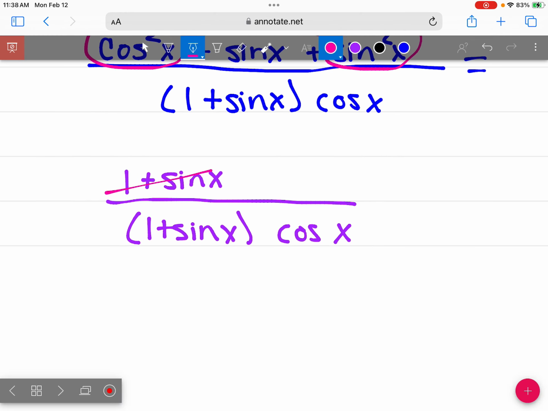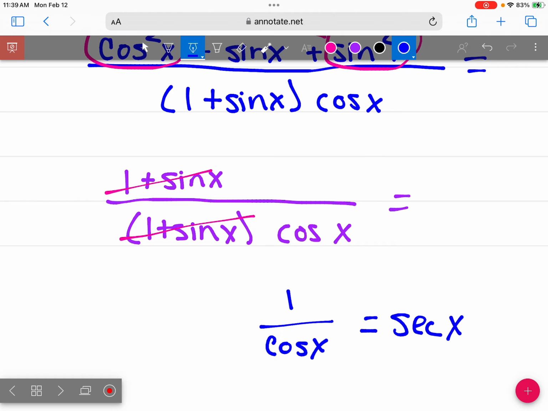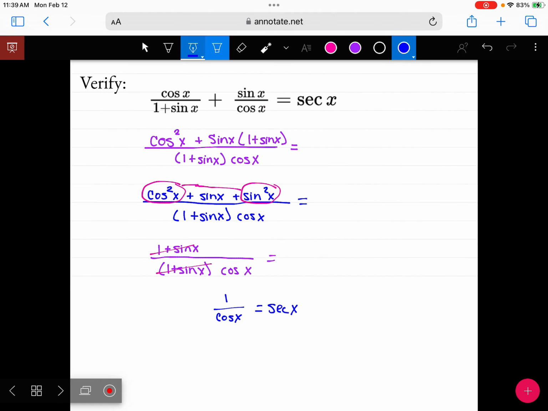And from here we can see the 1 plus sine x's cancel out, and we're just left with 1 over cosine of x, 1 over cosine x also being secant of x, which is exactly what we were trying to get to. So that one is verified.